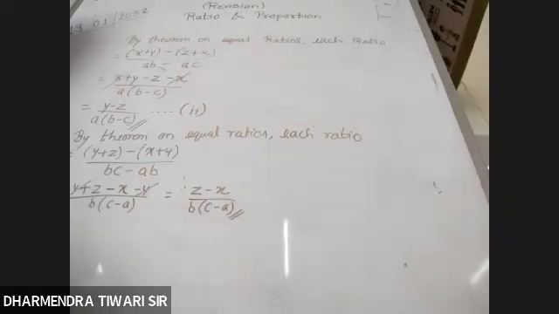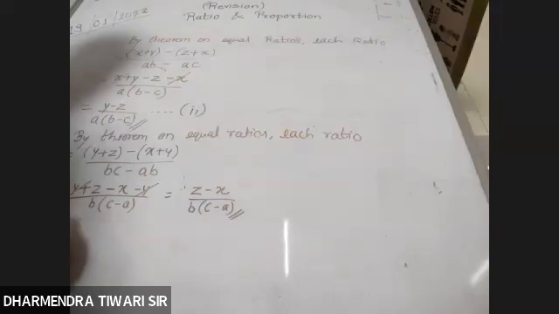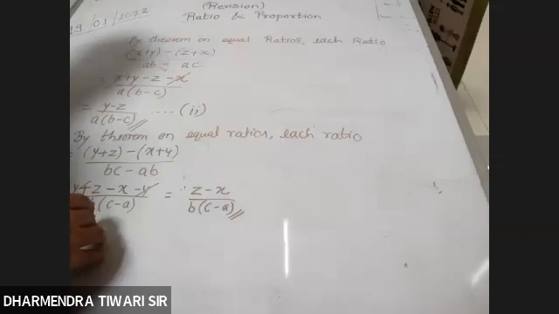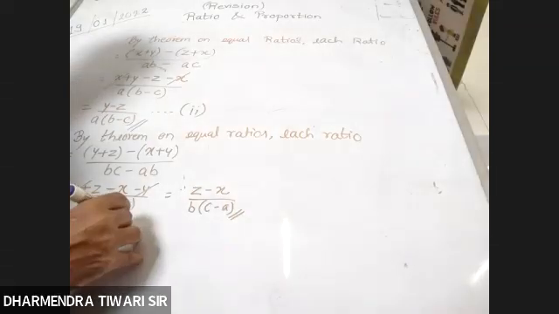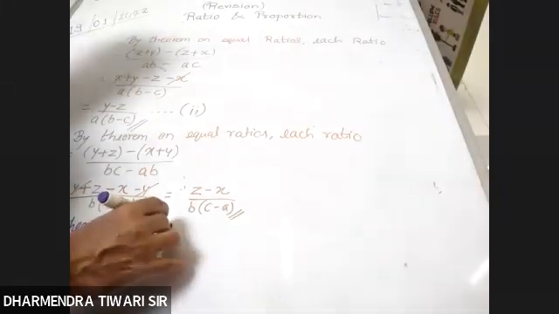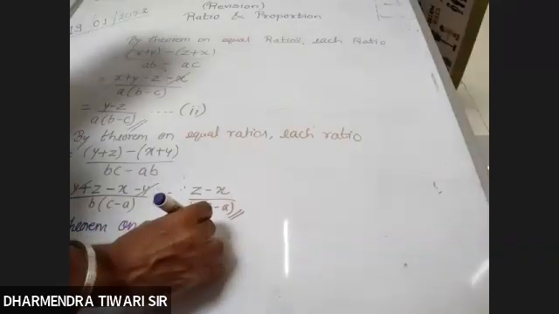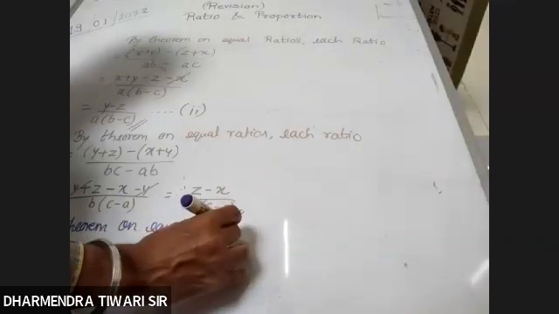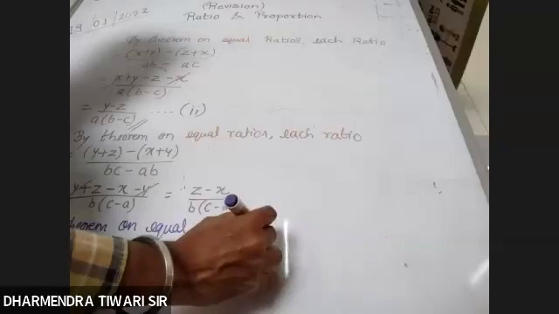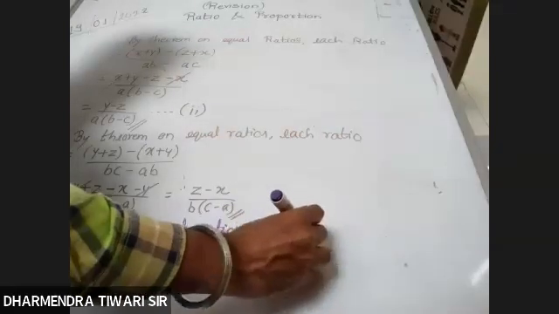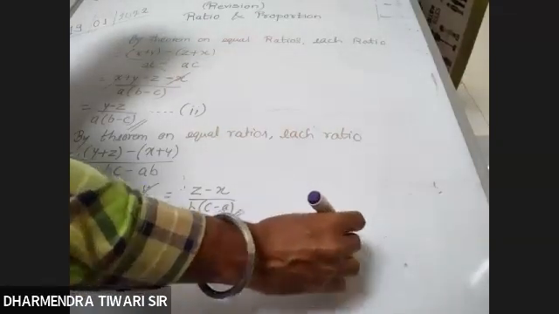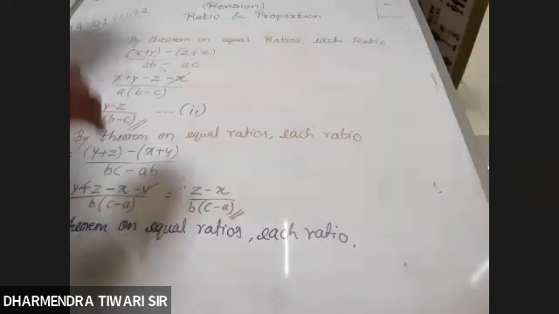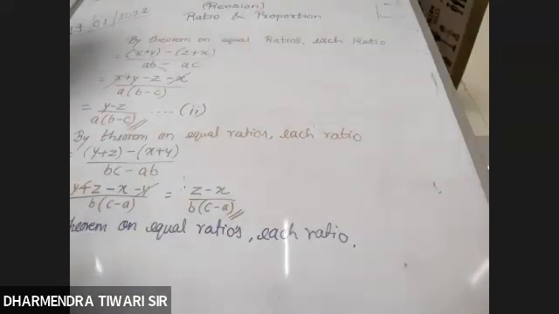So if you have written, just see there. By theorem on equal ratios, each ratio. Yes, now you should say what we are going to select.